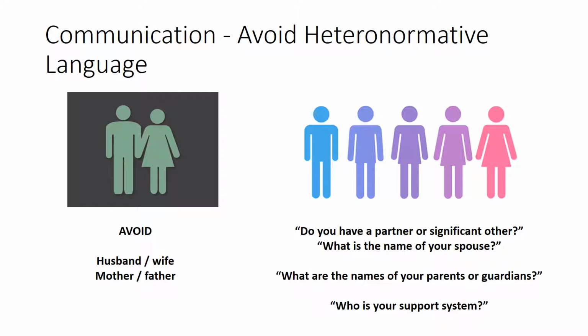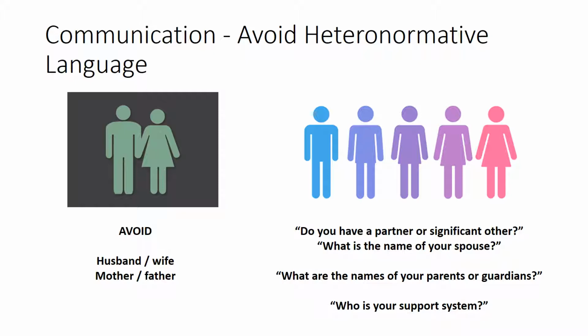When we're working with kids especially, but it may be an adult patient as well, and we want to know about their parents, right? We want to ask them about their guardians. We want to avoid words such as mother and father, because the reality is that we live in a time where many kids may have two mothers or may have two fathers, or, LGBT aside, they may be raised by a grandparent or an aunt or an uncle, or they may be in a foster care system.